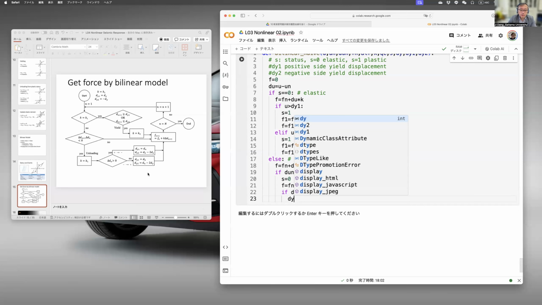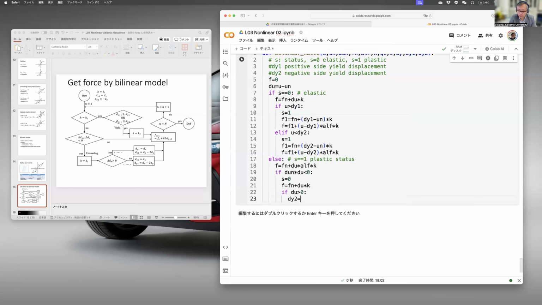So if du is larger than 0, so right now we're going in the positive direction. So before we were in the negative direction. So we're yielding from the negative direction. So dy1 equals un, dy2 equals un plus 2 dy.